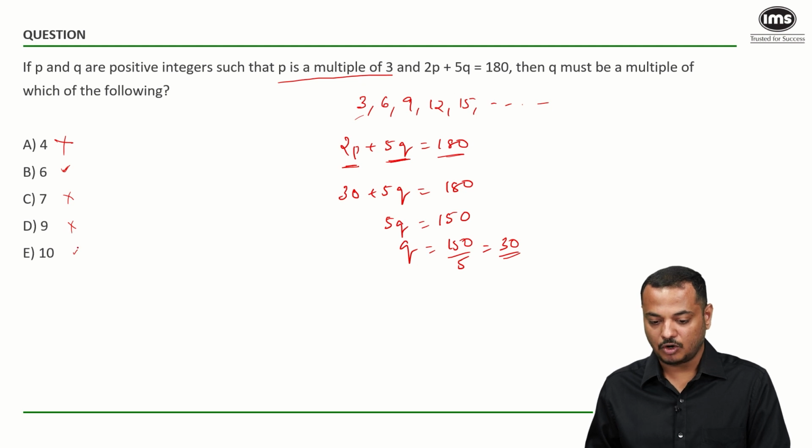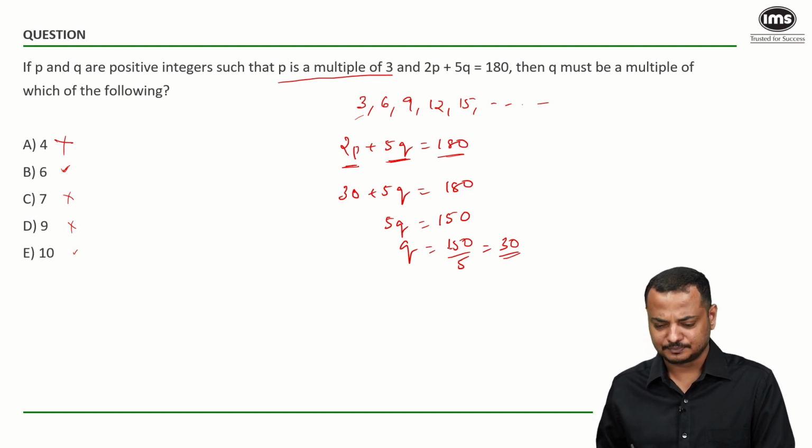Now out of the remaining options, we can again check for another possible value of P. So 15 is possible, the other possible value of P is going to be 30, because we are looking for a number that ends with 0, right? So if I substitute the value of P as 30, I will get 2 into 30, that is 60.